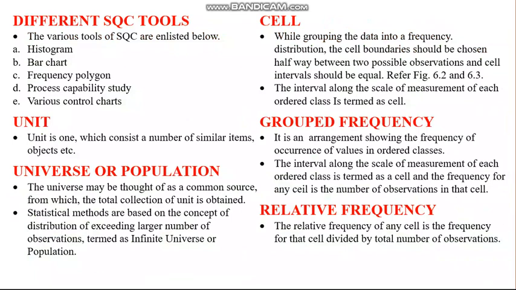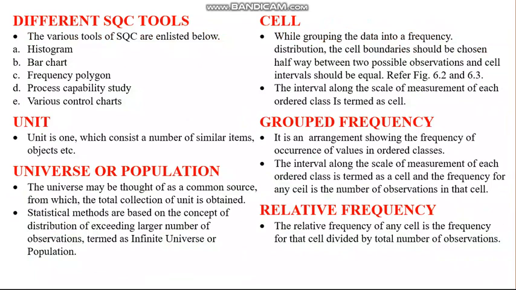Then grouped frequency. It is an arrangement showing the frequency of occurrence of values in ordered classes. For example, in a class, 60 students are there. We can make a chart saying how many are there between 40 and 50 marks, 50 to 60, 60 to 70, 70 to 80, 80 to 90, 90 to 100.